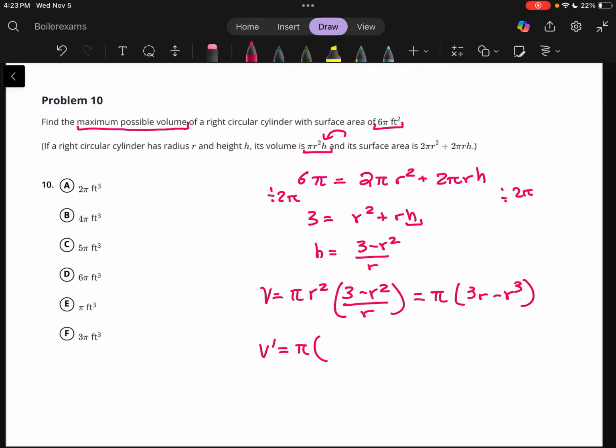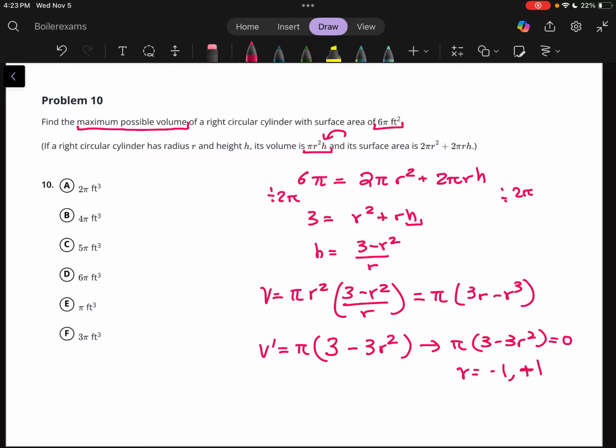All I have to do is use the power rule. So I get 3 minus 3r squared. And then I have to set this equal to 0. Okay, and if I solve for r, I get r is equal to -1, +1. And since this is a geometry question, you should note that it's not possible to have a negative radius.